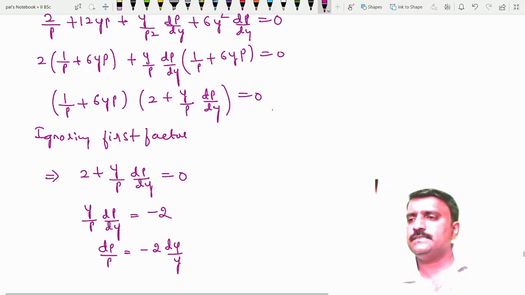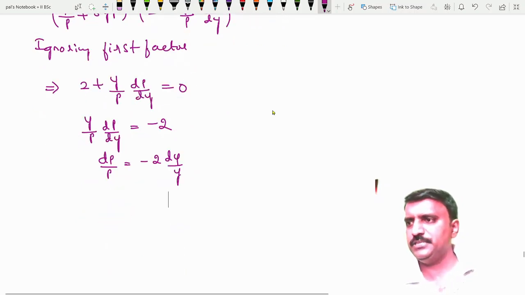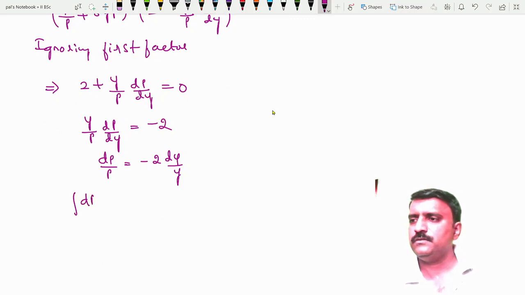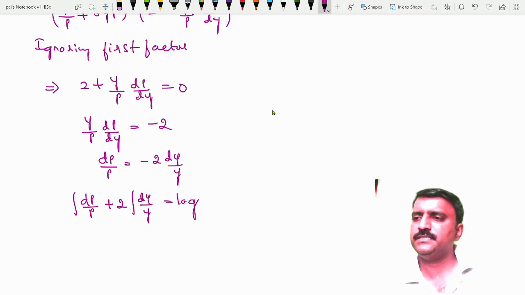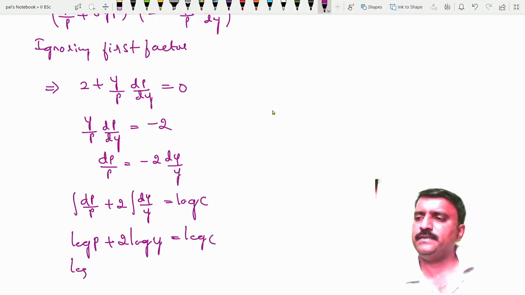Integrating this, the integration of dp by p plus 2 into the integration of dy by y is equal to the constant of integration, which we take as log c. So its integration is log p plus 2 log y is equal to log c. You can write it as log p plus log y square is equal to log c.